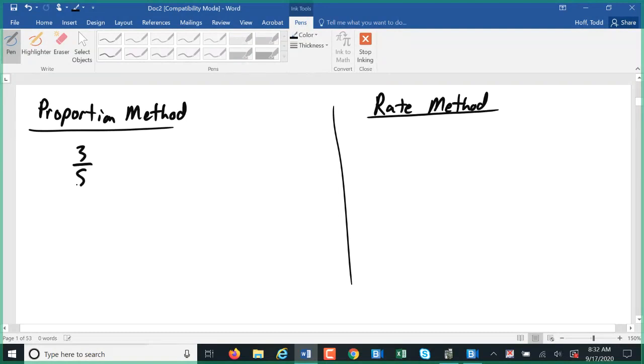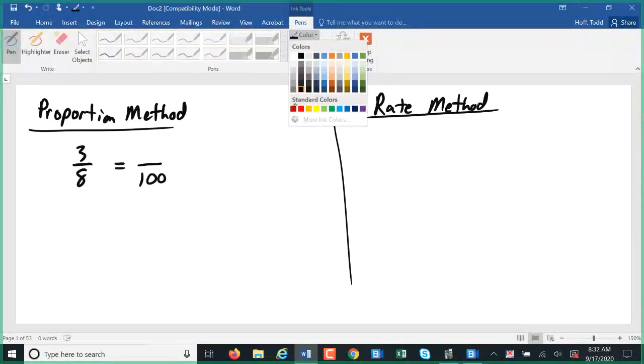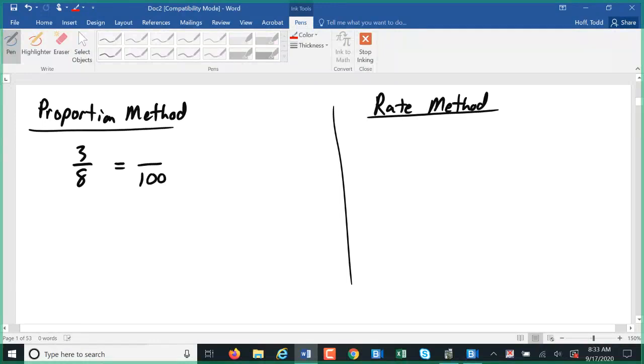If I had 3/8, we read that as 3 out of 8, and we wanted to convert that to a percent, which is out of 100. And of course, we learned the shortcut to find that missing number, which was to cross multiply and divide. There are two numbers that are diagonal to each other, the 3 and the 100 in this case, and those get multiplied.